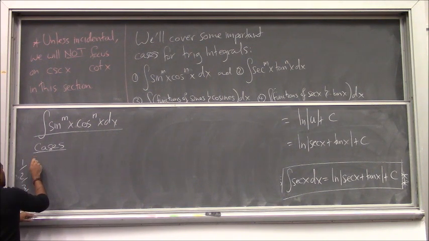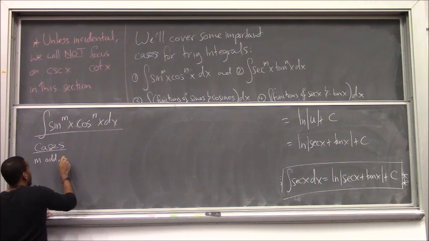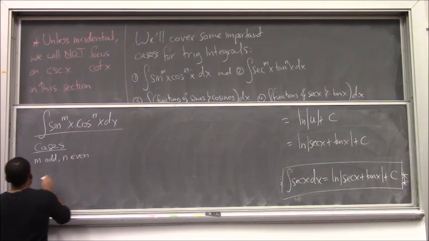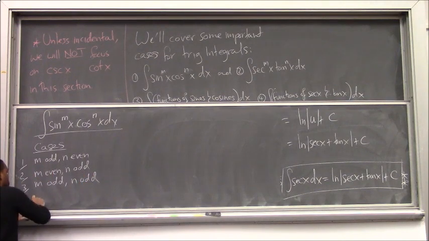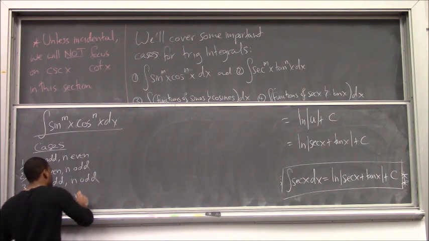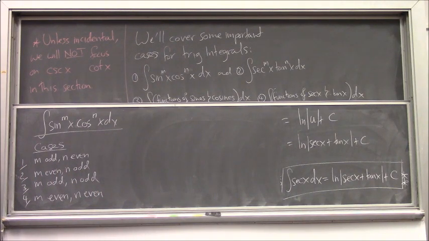So if you have m is odd, n is even. If you have m is even, n is odd. Or if you have them both odd, or both even. So even: 0, plus or minus 2, plus or minus 4, plus or minus 6, plus or minus 8. Odd: plus or minus 1, plus or minus 3, plus or minus 5, etc. So we're going to break them down.